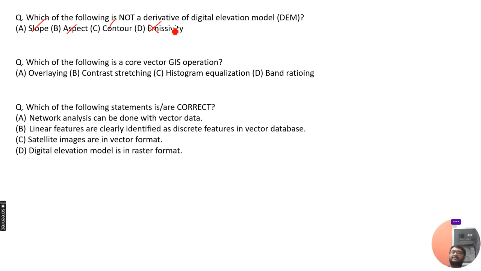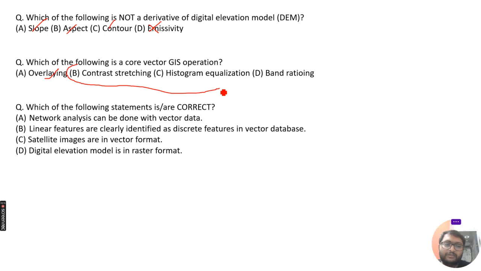Which of the following is a core vector GIS operation? Core vector operation. Overlay. Overlay, the other three are related to the image. And can anyone tell me which kind of operations these are? Raster operations, but in that also, we have learned about digital image processing.